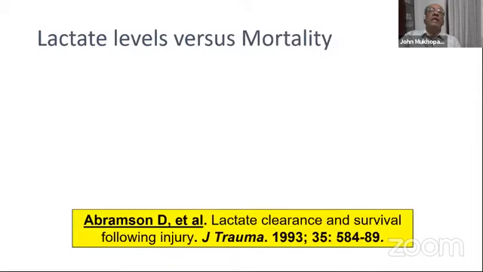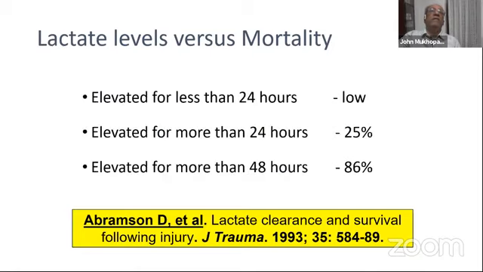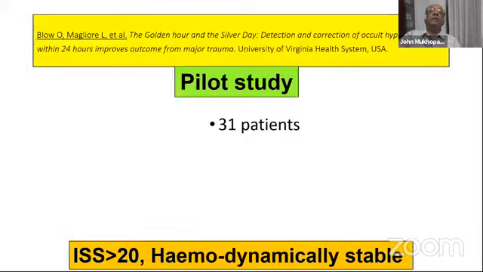And you can also correlate the return of the lactate levels with the mortality. If the lactate levels come back to normal within 24 hours, the mortality rates are low. If it takes more than 24 hours but less than 48 hours, the mortality rate goes up to almost 25%. And if it stays up more than 48 hours, then the mortality rates are as high as 86%.